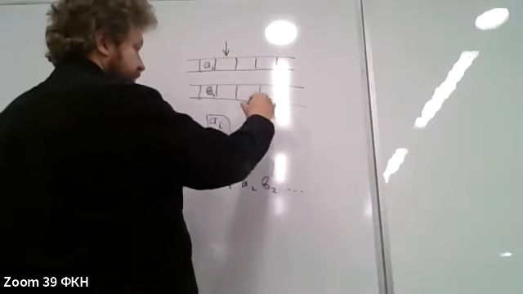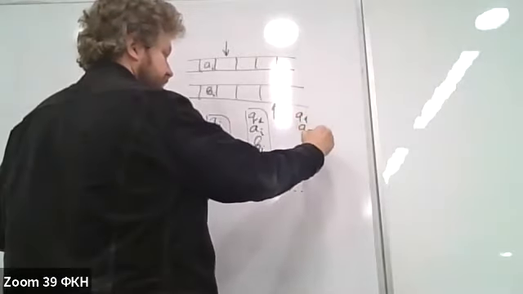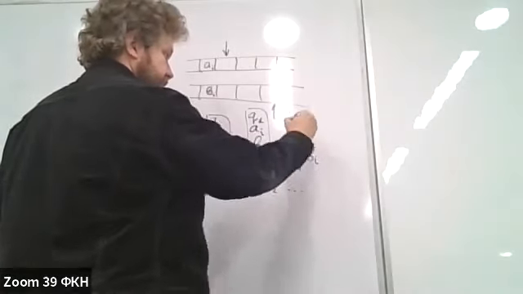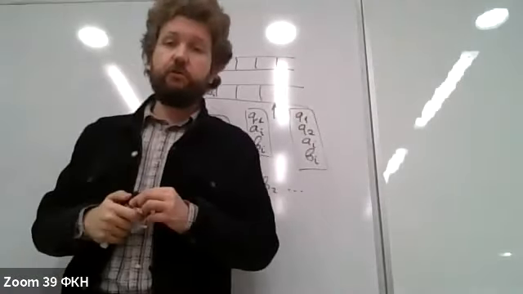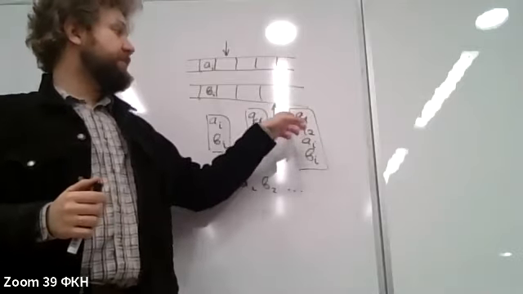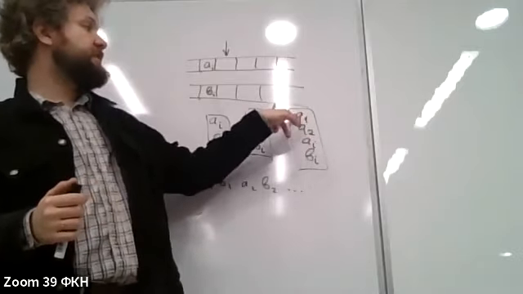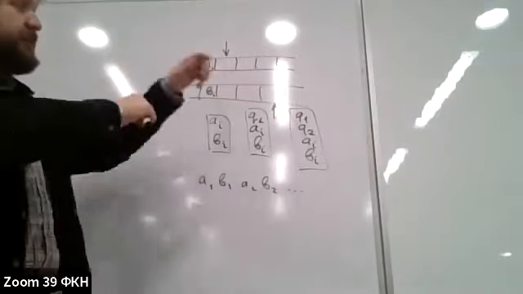Or even you can have Q first, Q second, A_i, B_i, which means that you have both pointers at the same place and the states are Q1 and Q2. And here you have Q1 and the second pointer is somewhere else.